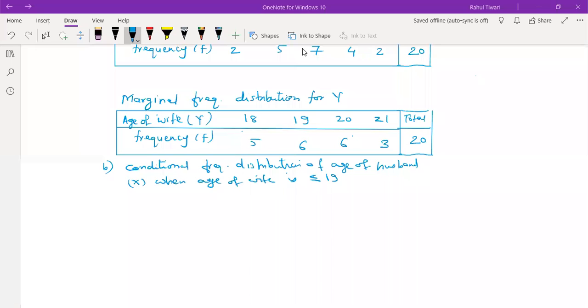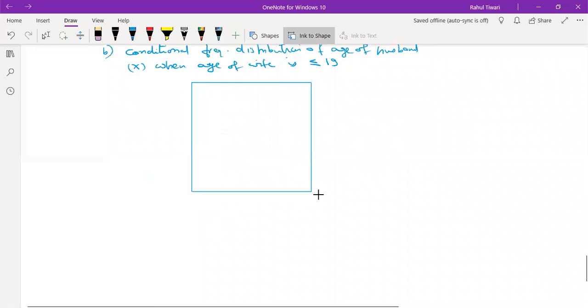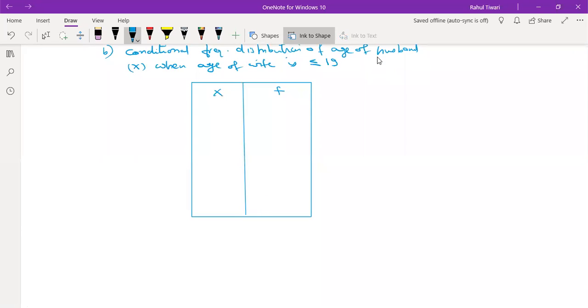Just give me a minute, I will prepare it. Here is a table and here is a frequency. We have x, we have frequency, and that age is 24, 25, 26, 27, 28. Finally, we have a total.